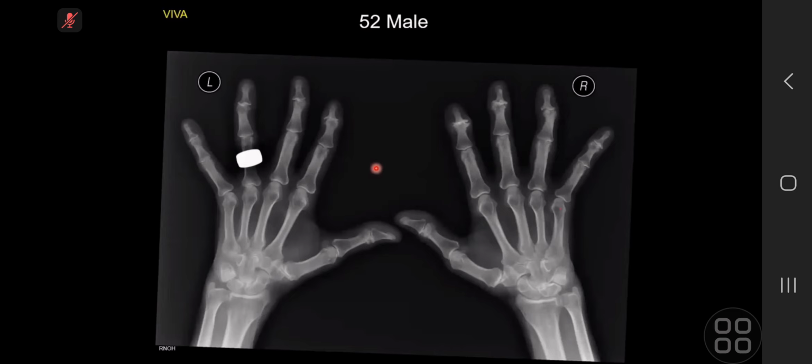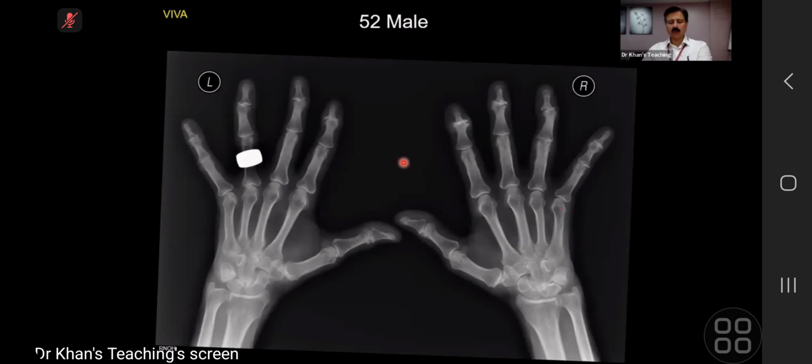So there is a central erosion noted in the distal interphalangeal joints, along with the soft tissue swelling, more marked on the right side, giving the seagull appearance. So my first differential will be erosive arthritis or psoriasis.